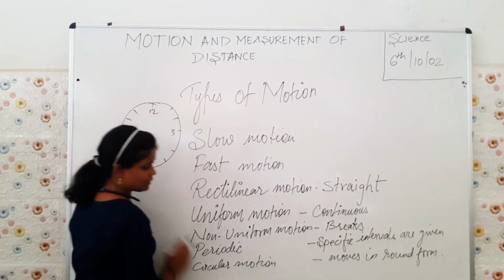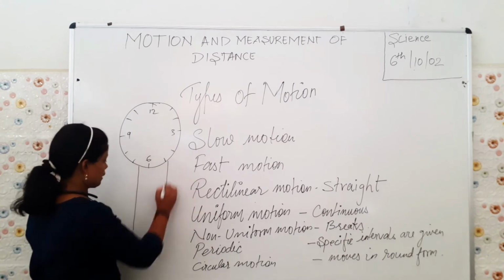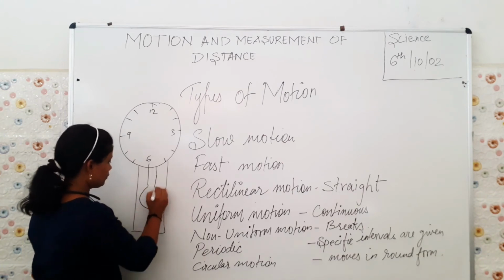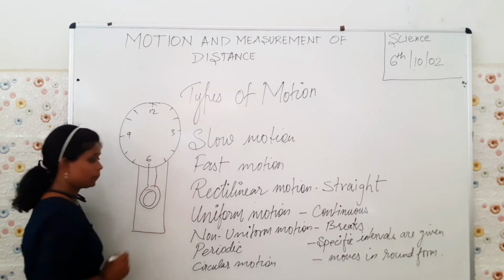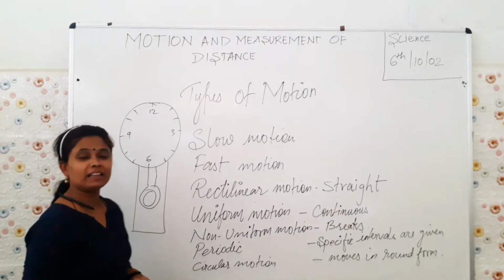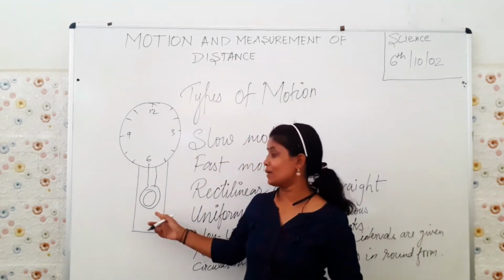We are taking this example in which, in periodic motion, there is one pendulum over here. Tick tock, tick tock. What is the sound created by the pendulum? It's tick tock, tick tock. Now what happens?